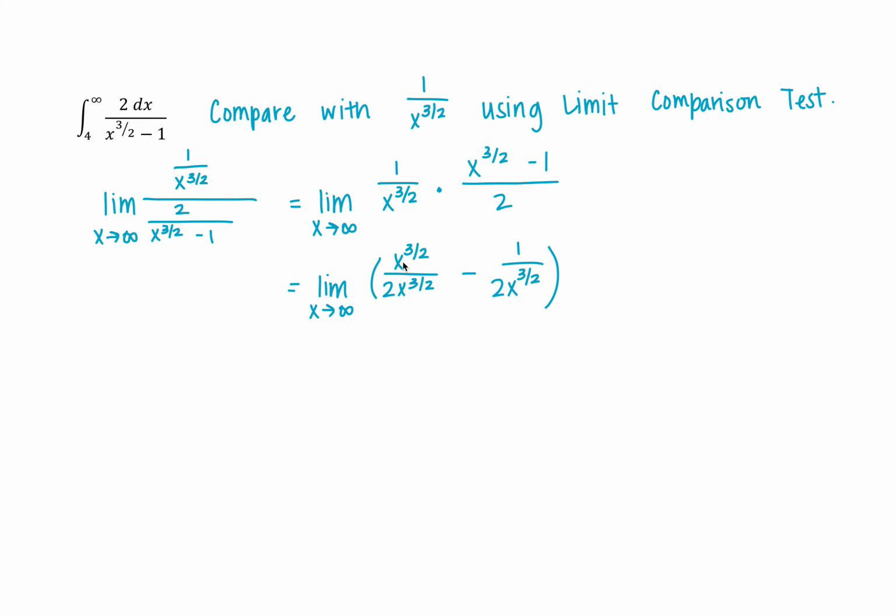The first fraction, the x to the 3 halves, are going to cancel out. So I've got the limit as x approaches infinity of 1/2 minus 1 over 2x to the 3 halves. Now, as x goes to infinity, the x to the 3 halves is going to go to infinity, and 1 over infinity becomes a 0. So this limit is going to be 1/2 minus 0, or just 1/2.